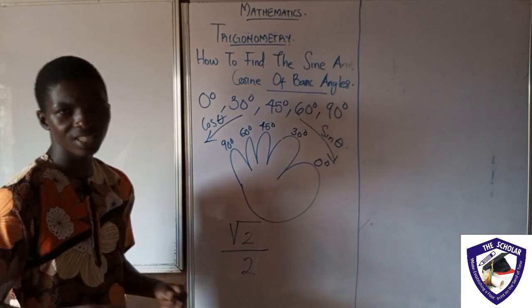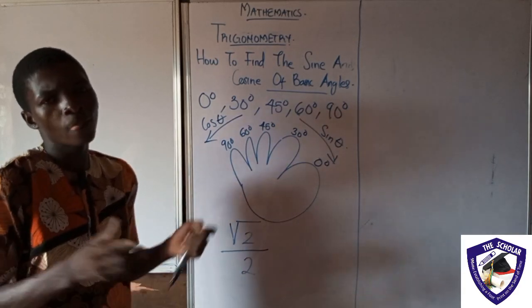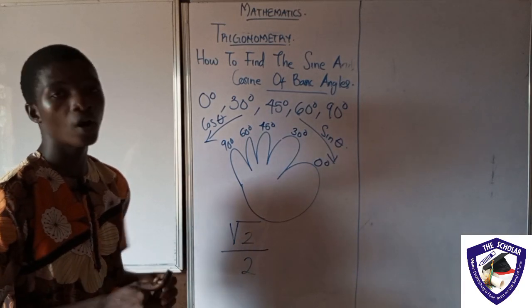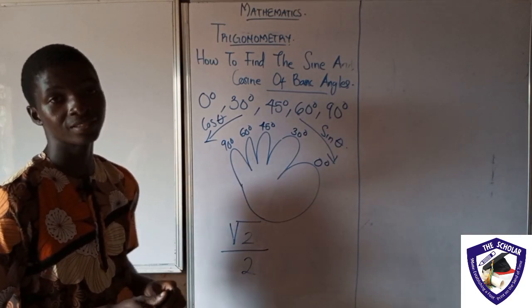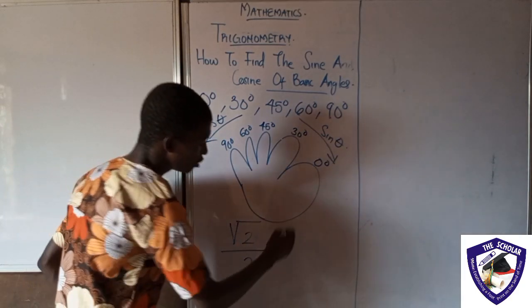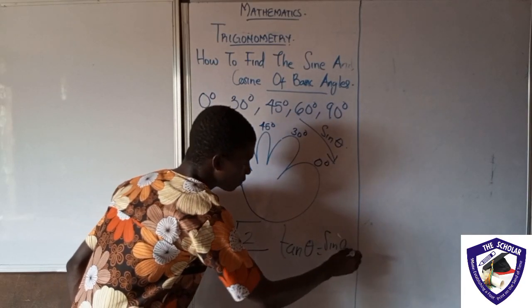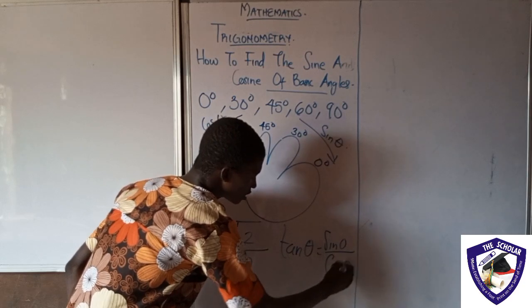You might be asking yourself the question, what about the values for tan theta? What about values for basic angles for tan? We all have the basic knowledge that tan theta is sin theta divided by cos theta.